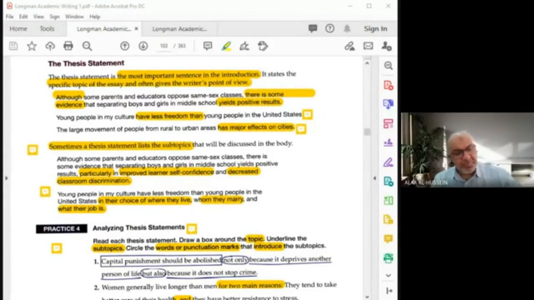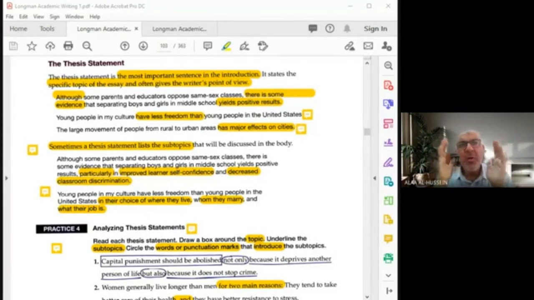Okay. The question is, as you know, the thesis statement is the core sentence for the whole essay, not only for the introductory paragraph. We have two choices to write our thesis sentence.